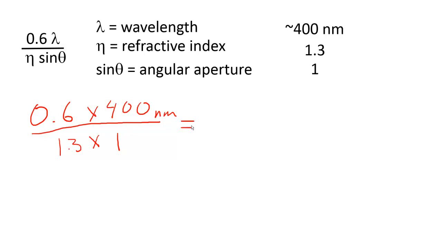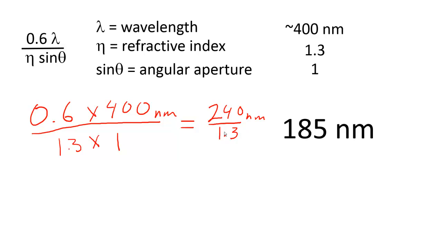So 0.6 times 400 is equal to 240, so that's going to be about 240 nanometers, and then 1.3 times 1 is, of course, 1.3. So 240 divided by 1.3 is about 184.6. Let's just call it 185. So for an ideal lens system, our maximum resolution, the best we can do, the closest two things could be, is 185 nanometers apart.